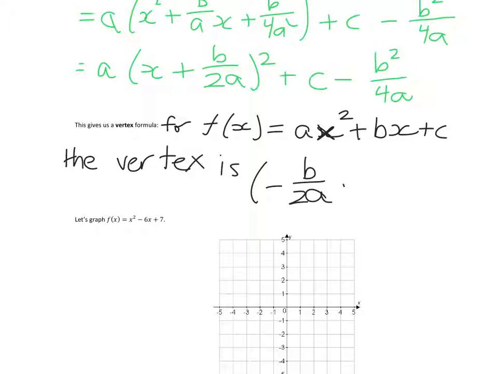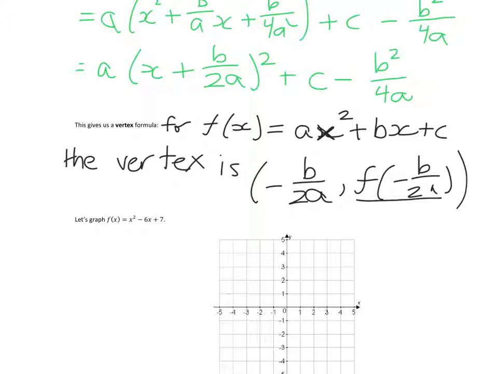And then the y-coordinate is the corresponding y-coordinate. You would just plug that into your function. So you can write it like this, if you'd like. But it's just the corresponding y-coordinate. So let's see where this gets us.